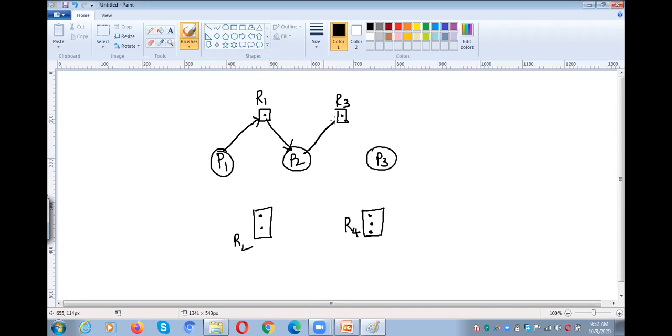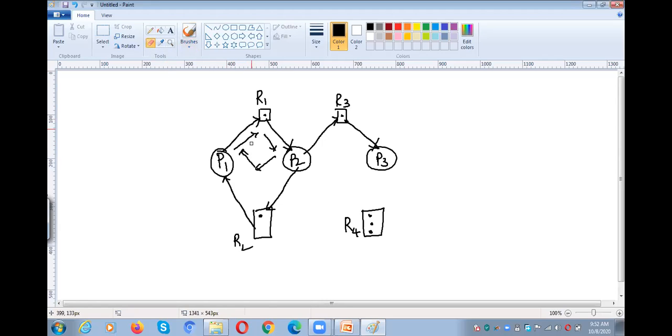P2 is requesting R3 and it is assigned to P3. And P1 is requesting for the resource R2 and one more resource is there that is assigned to P1. So for example, if there is only one instance of R2, then automatically there will be a circle. Okay, there is a circle.